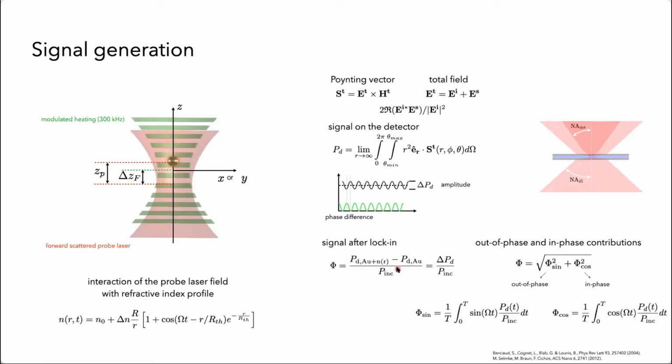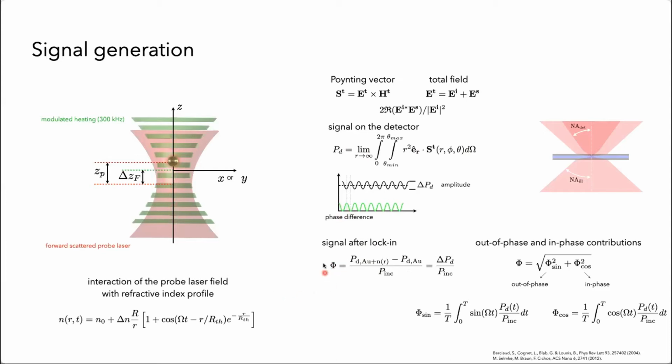The signal coming from the photodiode is PD, and it has a certain modulation amplitude, which I call delta PD, and that is measured in amplitude and phase with respect to the original modulation.